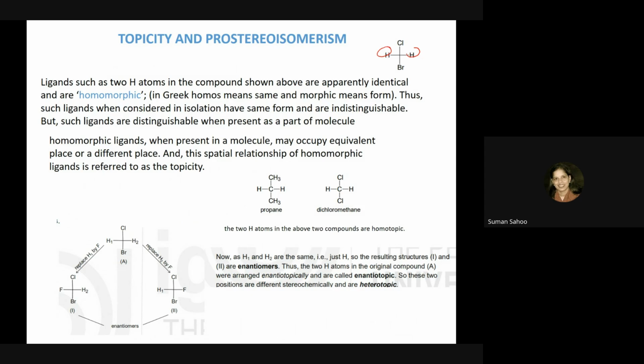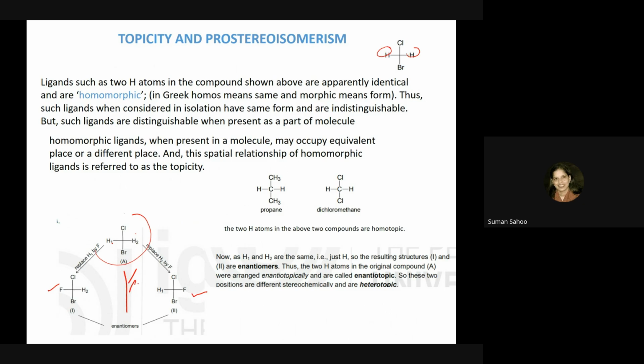But when I change one hydrogen by fluorine, that is going to give me this molecule, and if I change the other hydrogen by fluorine, that is going to give me this molecule.